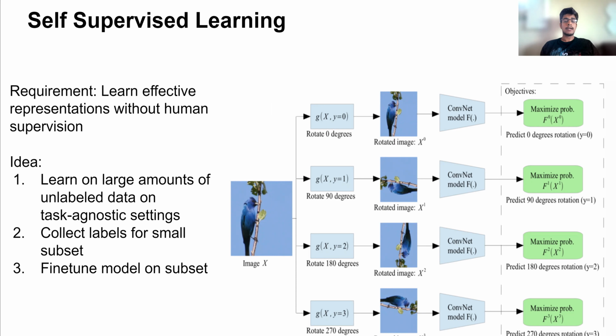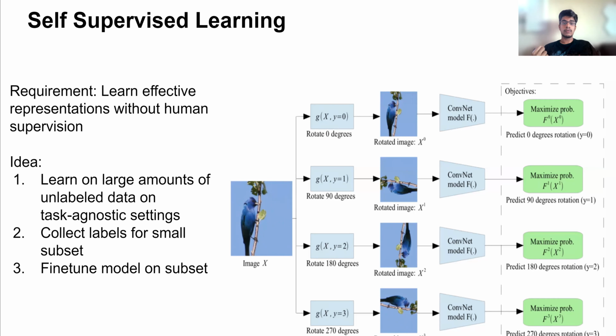But in computer vision more recently, the idea is that you do not need a large amount of labels. You can create these task-agnostic settings, meaning you do not have a particular task or reward generating, or labeled supervised tasks. So you just create these simplistic tasks. The idea is that you pass an image to a rotation function, and it rotates it by say 0, 90, 180, 270 degrees.